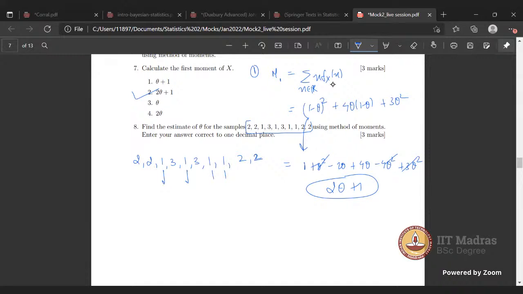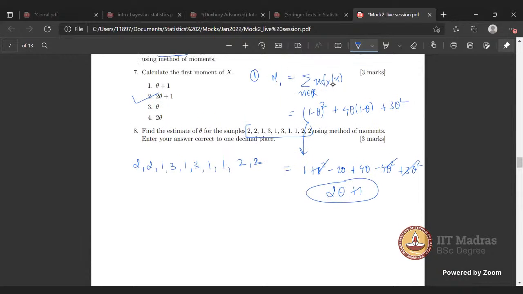Instead of doing this, we can just find the sample mean. So we take the mean of this sample and equate it to our first moment of x.